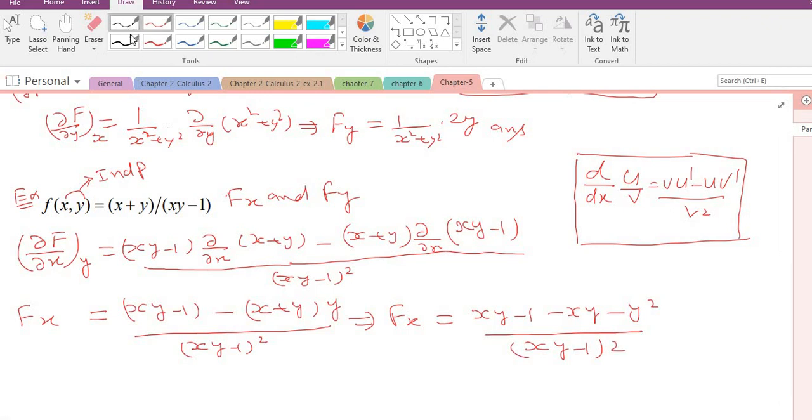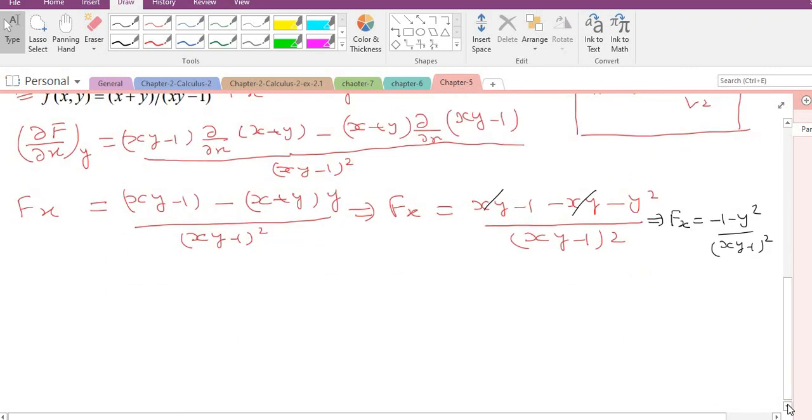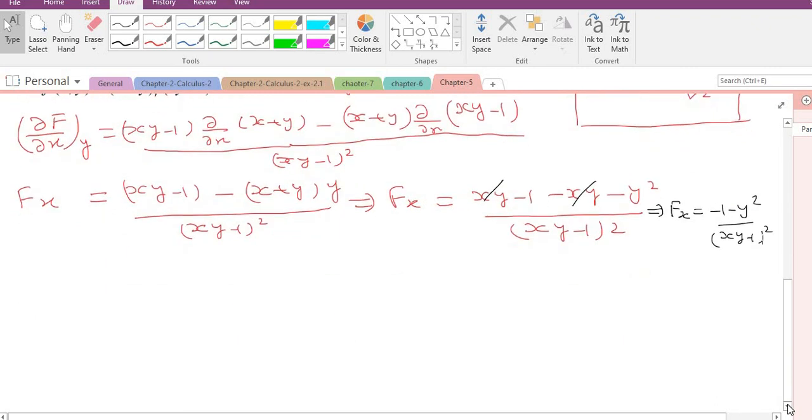Now check that one, we can cancel something, xy plus and xy minus, so finally f of x is equal to minus 1 minus y square divided by xy minus 1 power 2. This is your del f del x, that means f of x. Similarly, we can write del f del y.